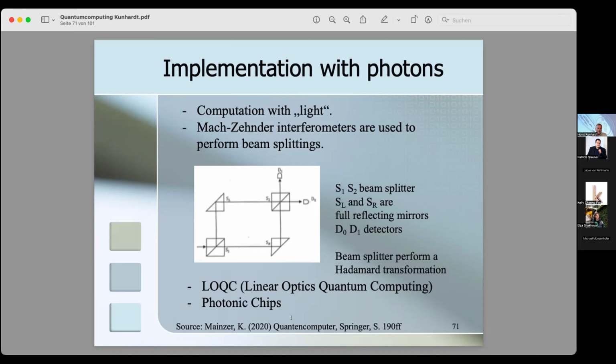The Mach-Zehnder interferometer uses something called a beam splitter. What is a beam splitter? It is a kind of glass or mirror.